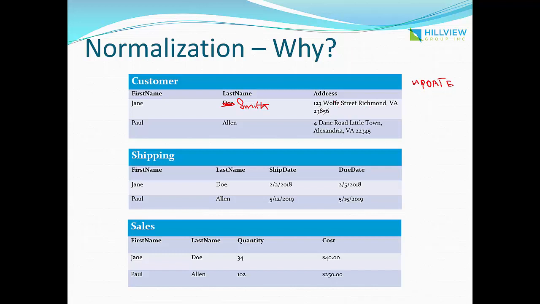In this case, we will need to come to the shipping entity or the shipping table and change Jane's name to Smith here. And we will now need to come to the sales entity and change our last name also, to Smith. Okay?